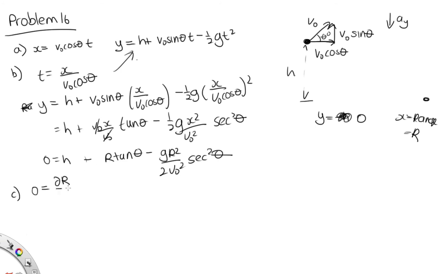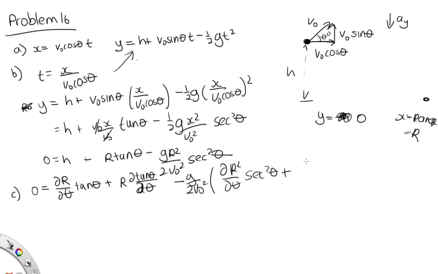We've got dr d theta tan theta plus r d tan theta d theta. And then we do the same for this term. G, 2 and v naught squared are all constants, so let's get rid of that, plus, it's a minus. So we've got minus g over 2 v naught squared, dr squared d theta sec squared theta plus r squared d sec squared theta.